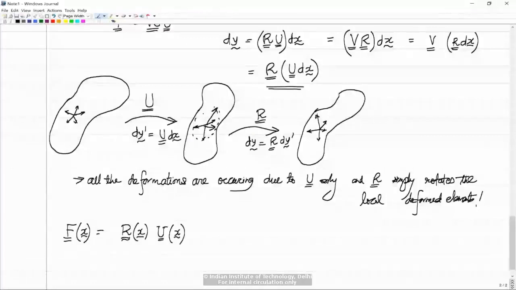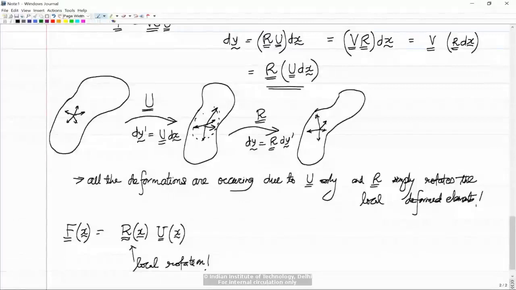Therefore this R is also called local rotation. It is changing from one point to the other in the body. So it does not correspond to one single rotation for the whole body, and it is therefore not like a rigid rotation of the body. If it were a rigid rotation, then it must have been the same for every point.